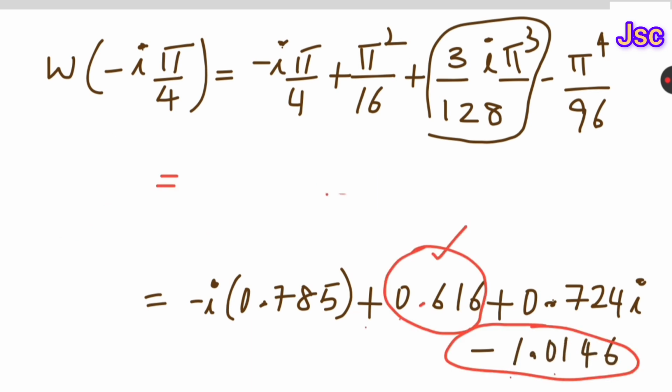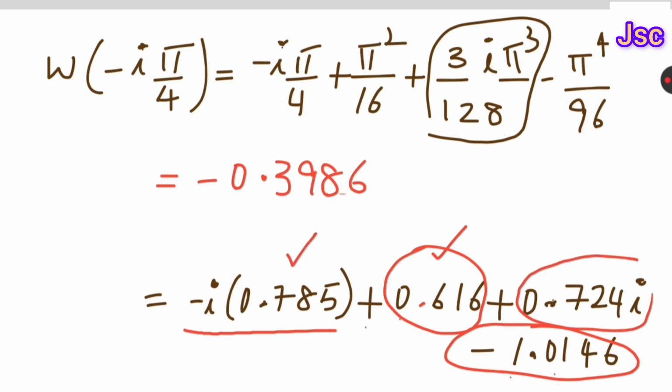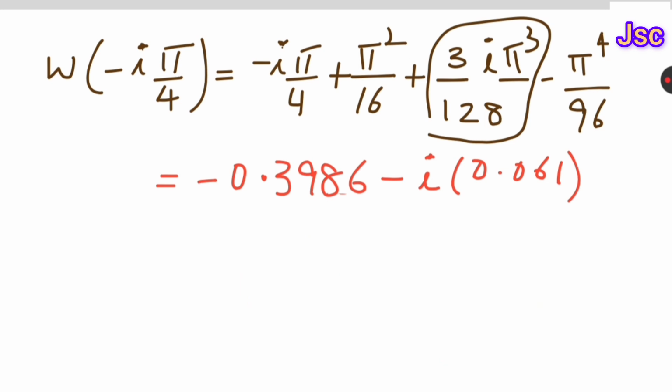The second term we have plus 0.616 minus 1.0146, which gives minus 0.3986. First term is minus 0.785i and here plus 0.724i, which gives minus i times 0.061. This is the W of minus i pi by 4 value.